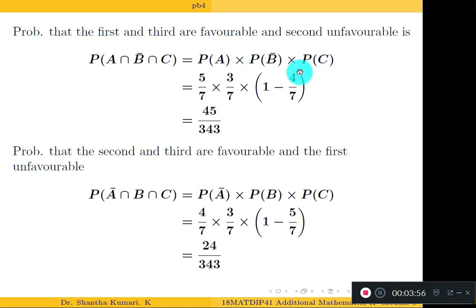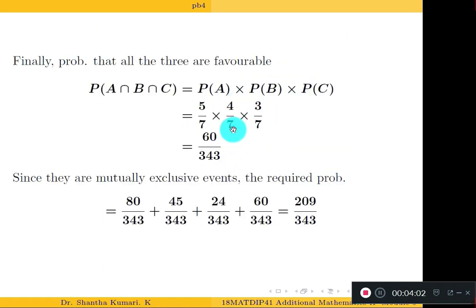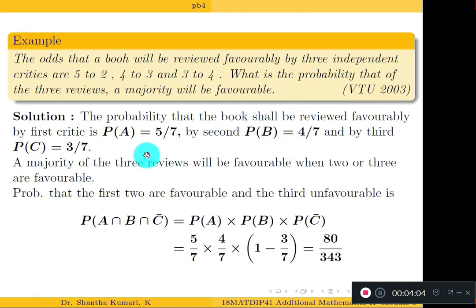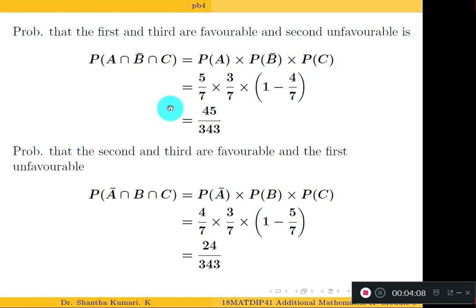And what is P of C? P of C is 3 by 7. Okay. Here terms are interchanged, don't confuse. P of B complement is written here, 1 minus. P of C is written here. You can use any order, but your multiplication will be same. You get 45 by 343. You can also write in decimals. You will get 0 point something.